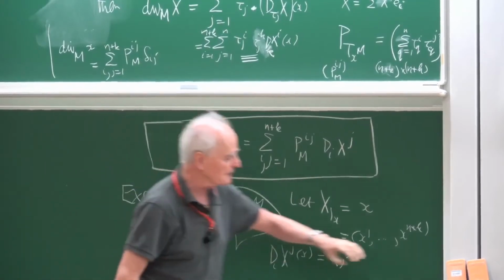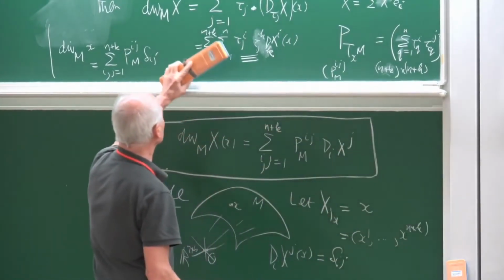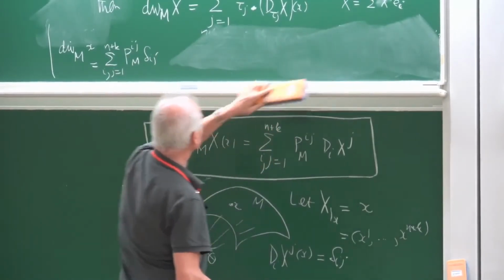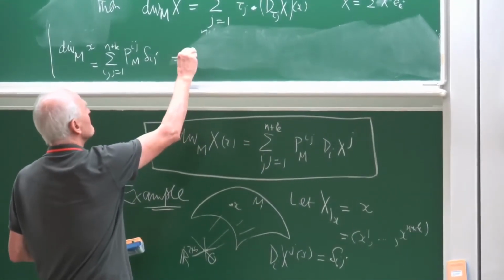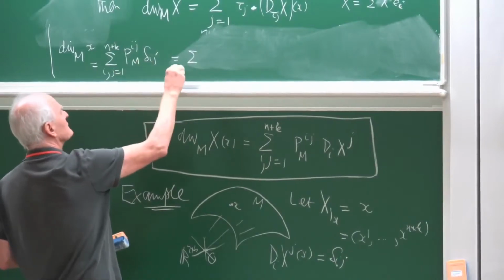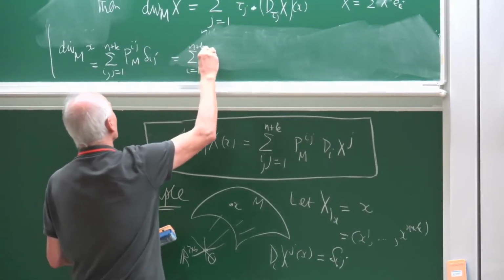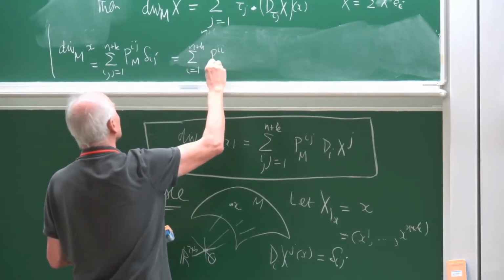And of course, you just take i equals j and it becomes a sum over one index. In other words, it's just the trace: the sum from i equals 1 up to n+k of P^M_ii.